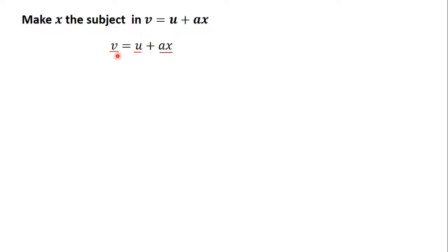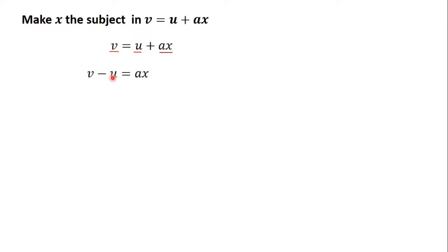When it crosses the equal to sign to this side, it becomes negative. So we are going to have v, which is already here, minus u. Now we have the term containing the new subject, which is x, on the right hand side. The other terms are on the left hand side. This is what we want.